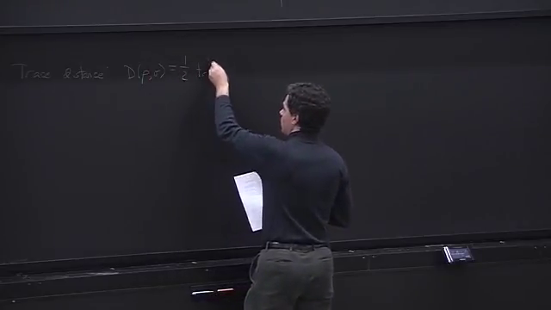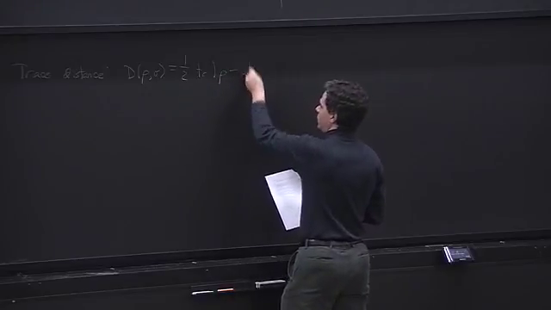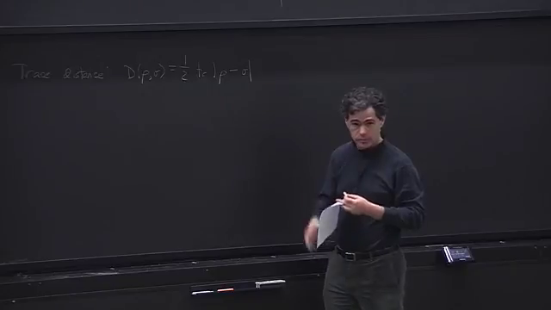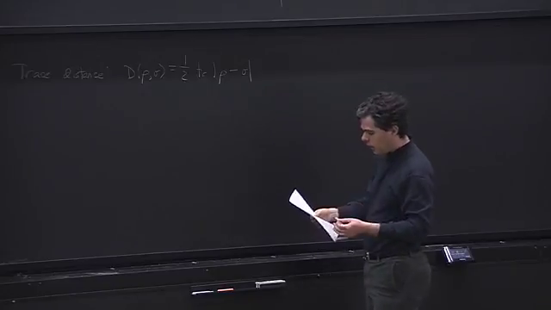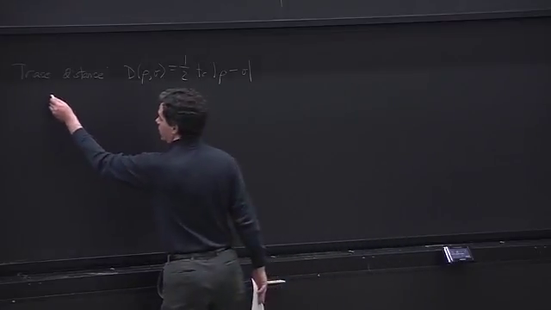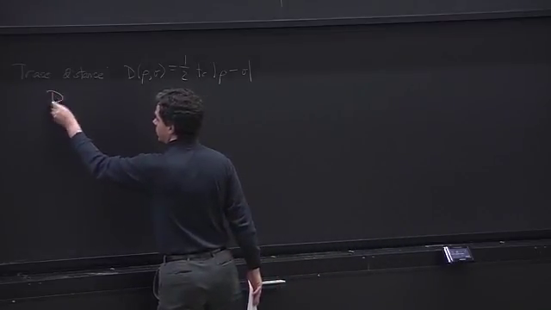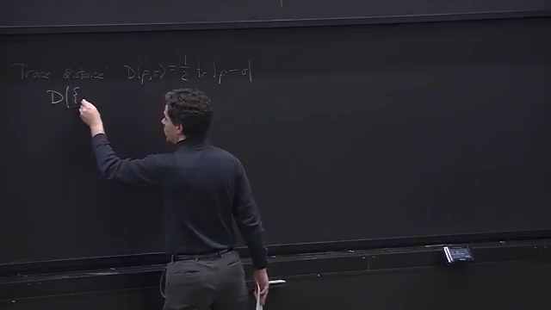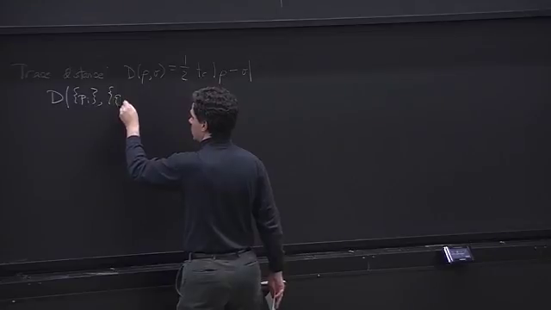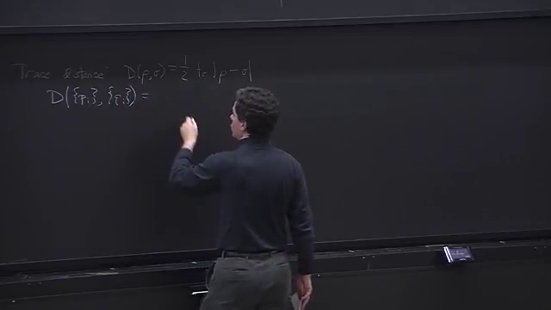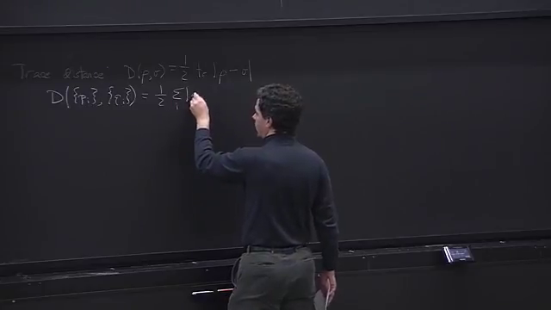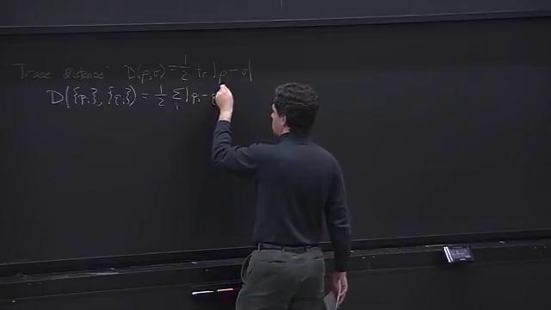It's a half of the trace of the absolute value of rho minus sigma. And this is a generalization of something called the classical statistical distance, which is a distance between two classical probability distributions, which is 1/2 the sum over i of the absolute value of Pi minus Qi.